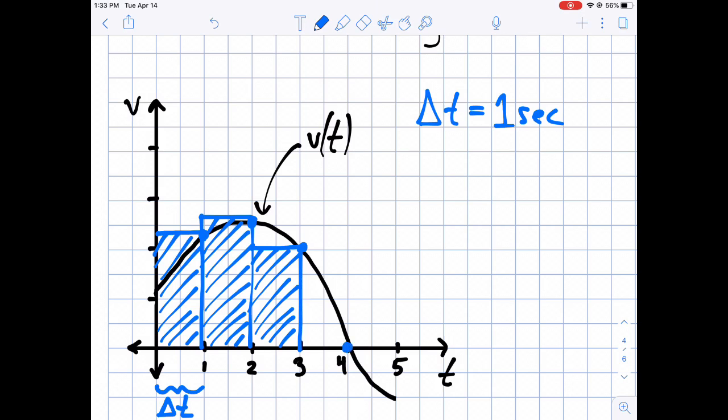You'll notice at 4, if that's exactly where I cross over, then the height would be 0, and so the assumed approximation in displacement would be 0. If I go over here to 5, I'm going to get a negative velocity, and so my rectangle will be below the curve. This is area that would end up being subtracted.